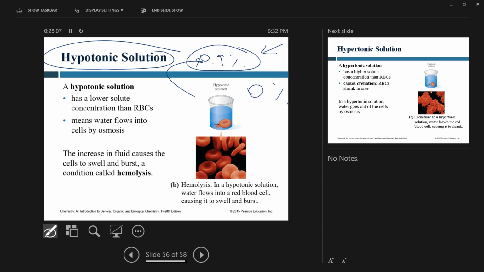You need a microscope for it, but if you bleed yourself and add a couple of drops of blood to distilled water, if you wait long enough, you can see red blood cells popping. You can see hemolysis under the microscope. So that's one implication.